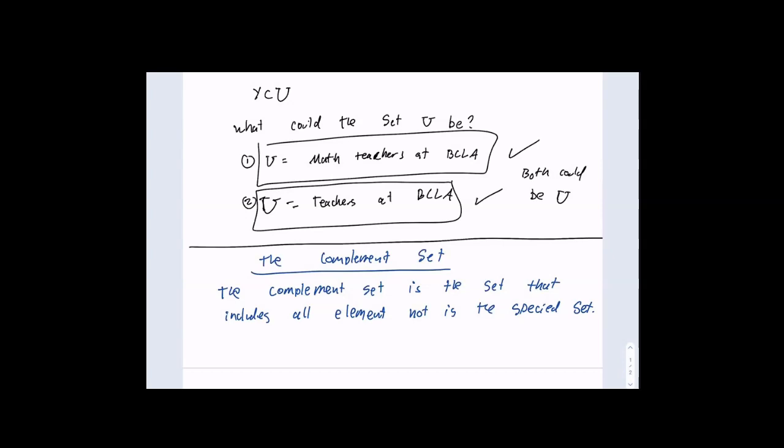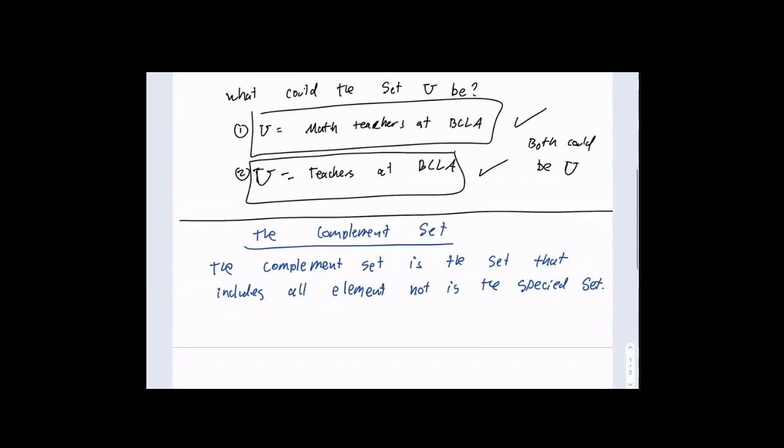So the notation, we can use A, C, a little c, and the one that we'll use more often, A prime.